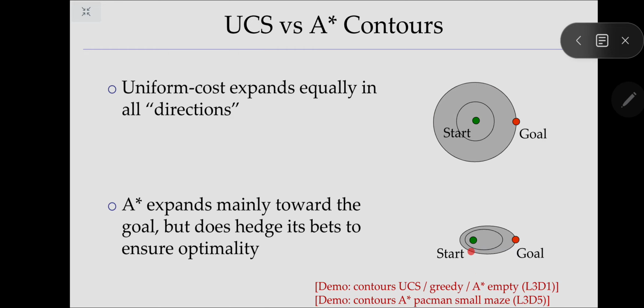But when you implement A star, you start from some node. This node is connected to many neighbors, but each of the neighbors has an estimation to guide your search to the goal.